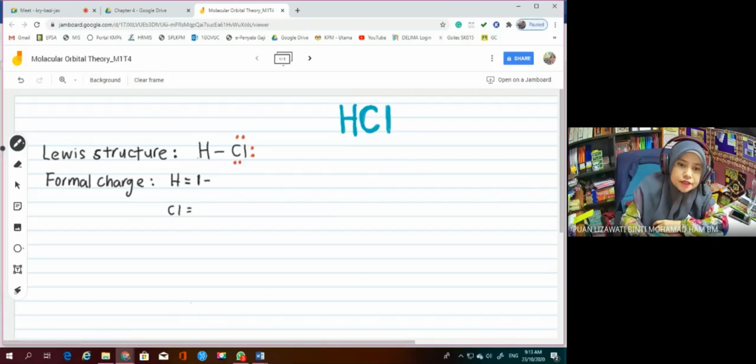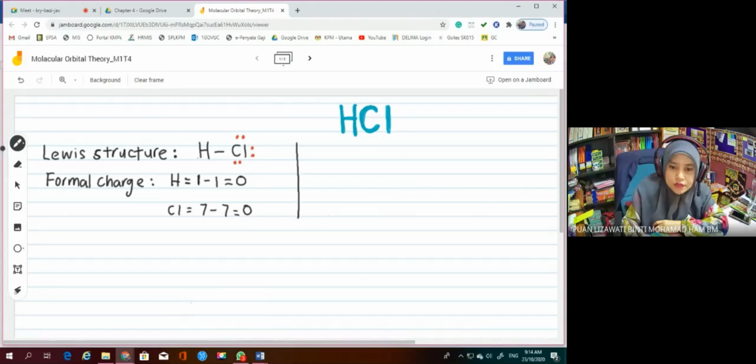Since hydrogen doesn't have any lone pair, just a single bond, so for the single bond we count it as 1. So it equals 0. Right, Cl has 7 valence electrons. We have lone pairs 1, 2, 3, 4, 5, 6 plus 1, 7, equal to 0. So meaning that both are neutral.